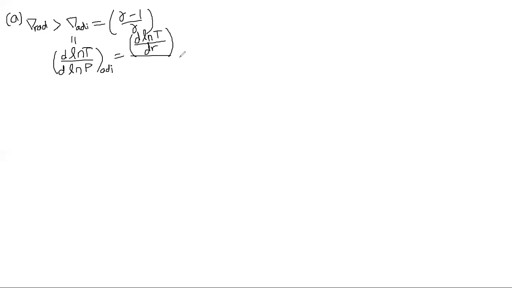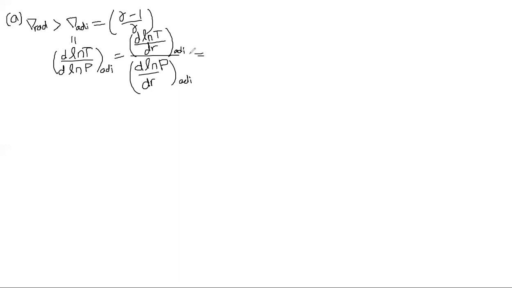What I mean by that is basically just multiplying and dividing the top and bottom by dr. So we're going to get two drs in here. And these are both adiabatic.